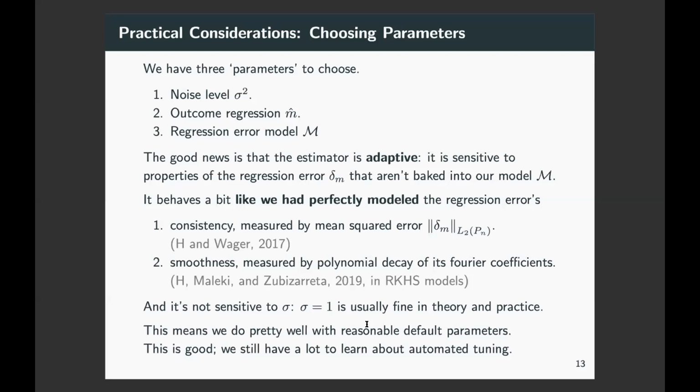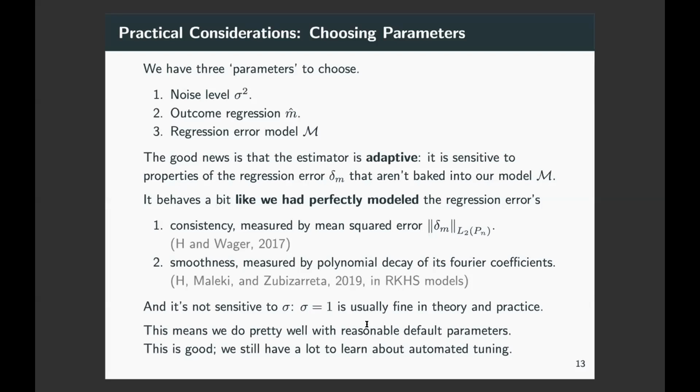And as a third point, we actually don't require all that much of the regression error in terms of its consistency. So we don't need to do a great job there either. And so the good news here is that we do pretty well with reasonable default parameters.